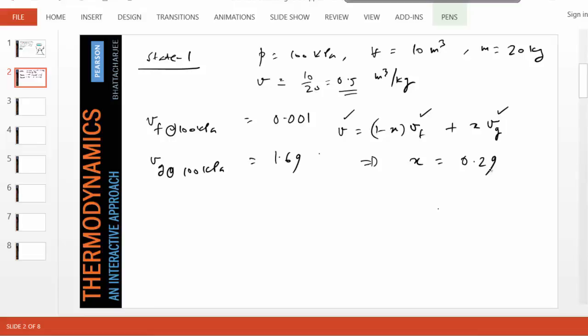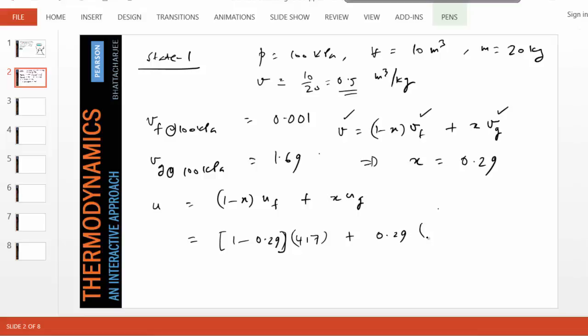Now that we know the quality, we might need u and s because the energy and entropy equations contain those. So let's be proactive about it. u for this mixture is 1 minus x times uf plus x times ug. I've already picked up the numbers: 1 minus 0.29, uf is 417, and 0.29 times ug, which is 2506. So u becomes 1033 kilojoule per kg.